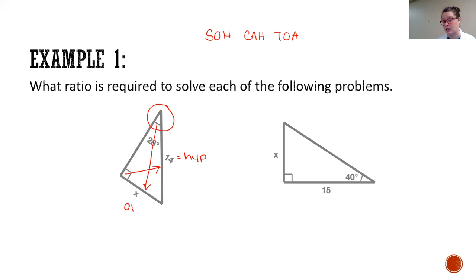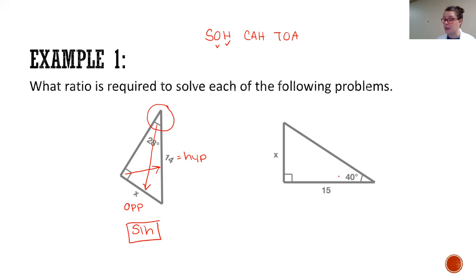So this is our opposite side. Which ratio uses opposite and hypotenuse? Well, we look through our list. There's only 2 that use hypotenuse, sine or cosine. Sine has opposite and it has hypotenuse. So this one would be solved using the sine ratio. We're not going to calculate it. We're just listing. If I had to, what would I use?